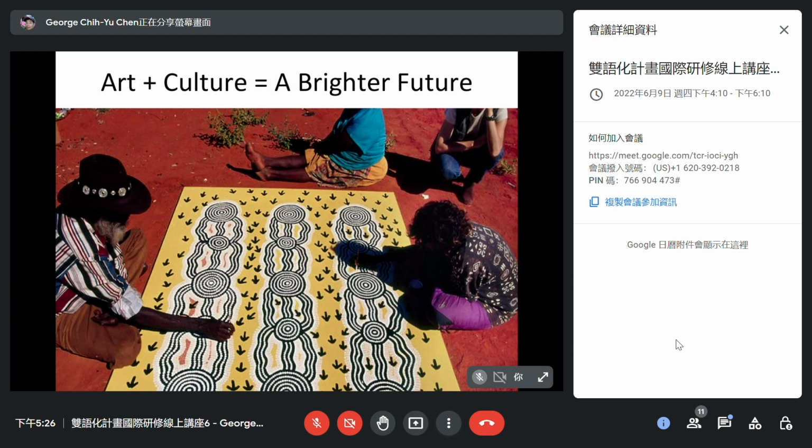The maker is able to make a living. When we look at our Indigenous painting, you can see a lot of symbolism, icons, and signs. And that's something we'll look at in the next slide.